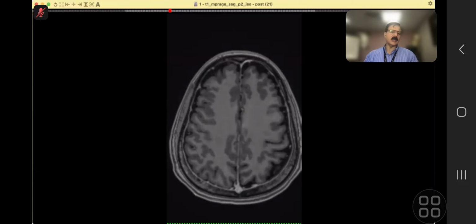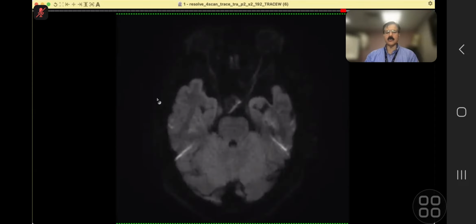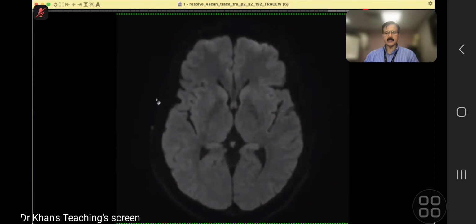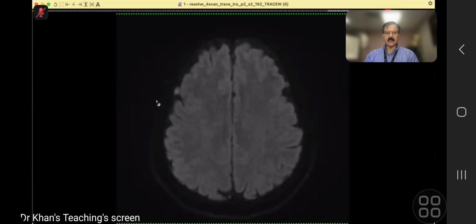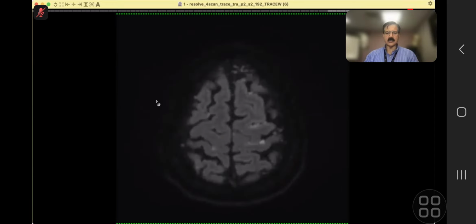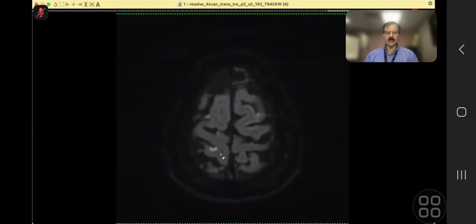One thing which I want you to see is the behavior on a DWI sequence. So this is a DWI. Please remember that hemorrhage, subacute hemorrhage, can be high signal on DWI sequence, and this is how it looks.